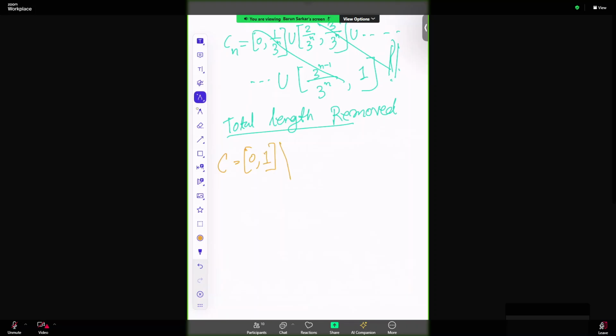And then you are deleting, okay, these are the portions you are deleting, every middle part.